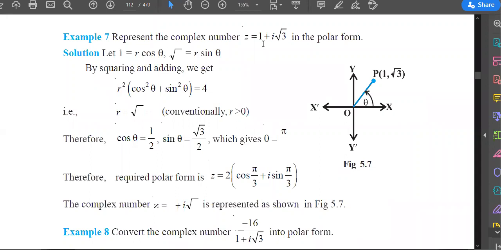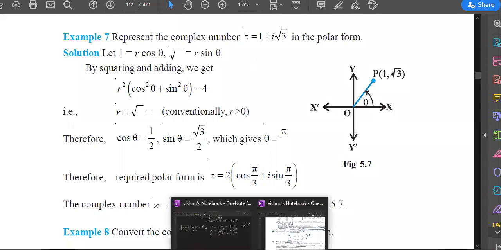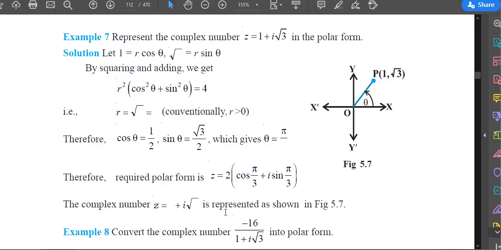So my question here is this: minus 16 by 1 plus i root 3. First I have to convert this into a plus ib. So let's see. We have z is equal to minus 16 by 1 plus i root 3.